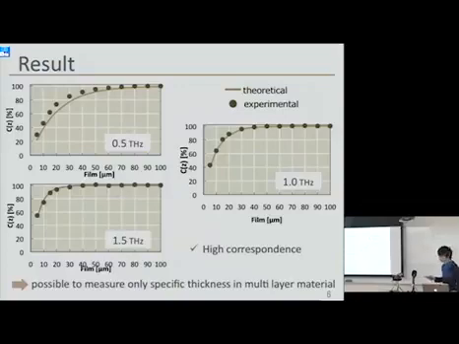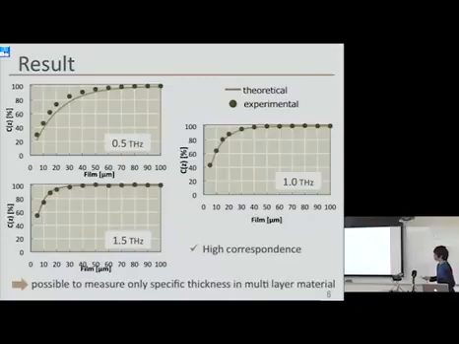I show the result at 0.5 terahertz, 1.0 terahertz and 1.5 terahertz. You can see there is high correspondence between the theoretical and the experimental data. So from these data, it is suggested that we can measure only a specific thickness in a multilayer material.